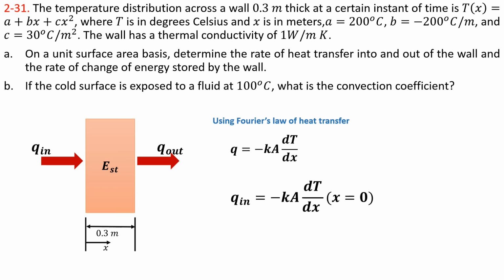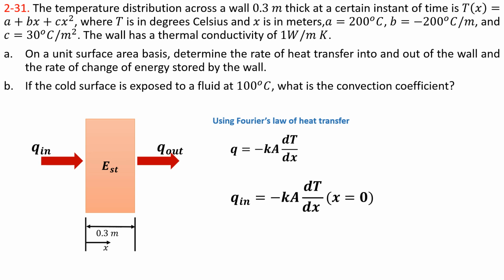Q in will be minus kA dT over dx at x equal to 0, because we have assumed that heat is entering where x is equal to 0. So the heat transfer at x equal to 0 will be the heat entering the wall.